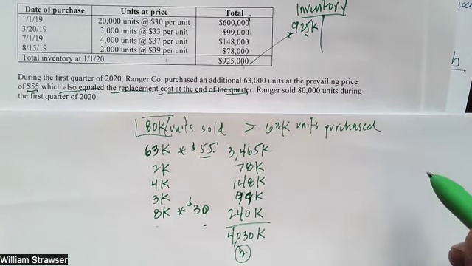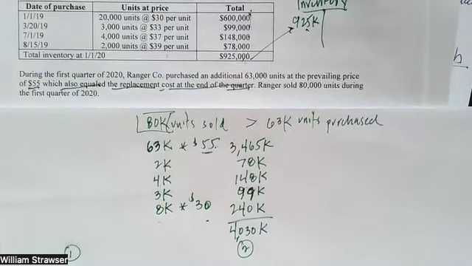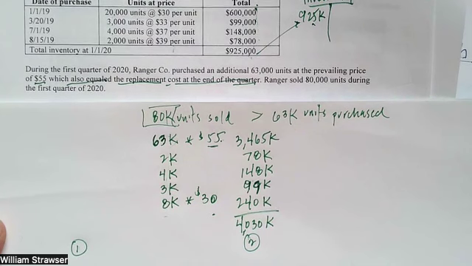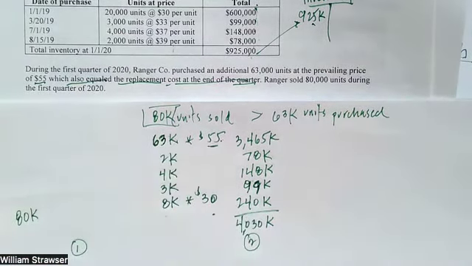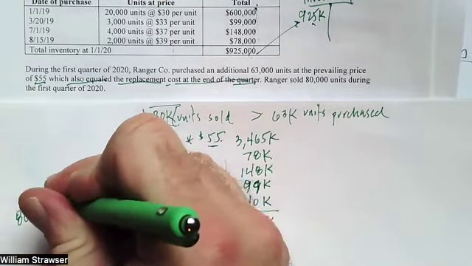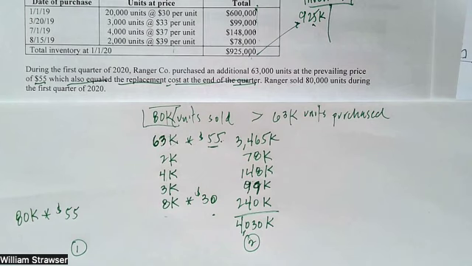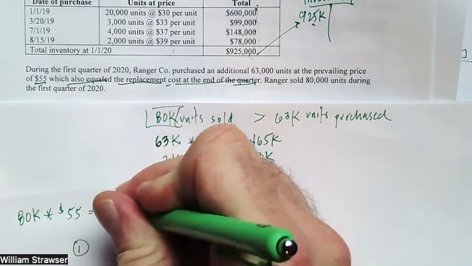Now, we need to compare that to our first figure that I put on the other page, which is assuming that all of the units sold, all 80,000, were priced at the prevailing price today, the current replacement cost. So that's 80,000 times $55, which is 4,400,000.